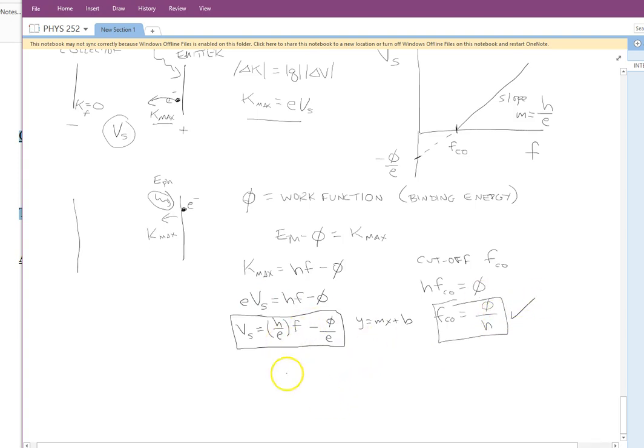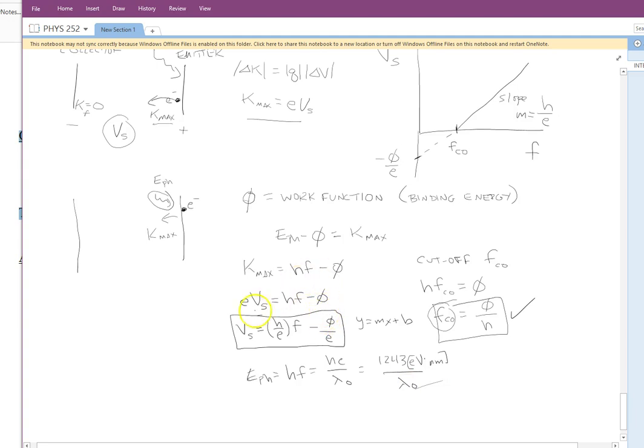Now remember, the photon energy is hf, but we can also write it as hc over the free space wavelength. Or we can write it as, with that combination hc being 1243 eV nanometers, over lambda naught.